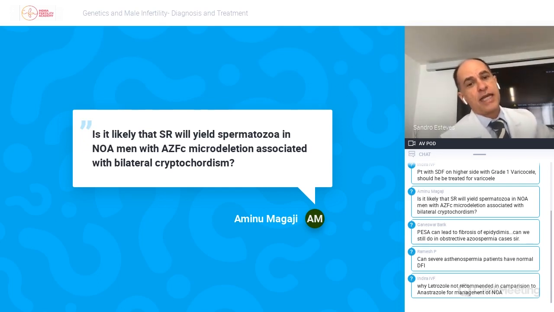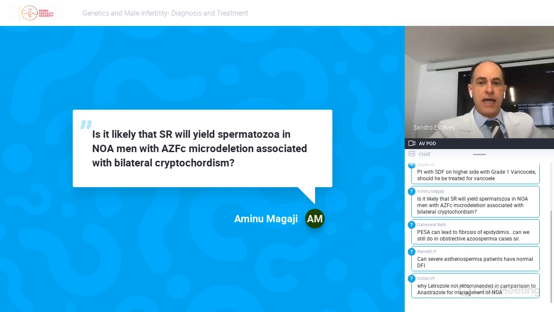So in this condition, I would say that the chance of finding sperm by the AZFc condition per se will be 50%. But now the patient has bilateral cryptorchidism. If the orchidopexy has been done below age 2 years old, I would say that the patient still has a good chance of having sperm, in about 40% success rate.